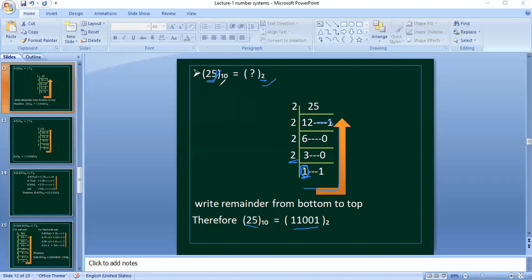If you want to convert 25 into octal, you divide by 8, write the remainders at the right side, and consider them from bottom to top. That will be the answer.